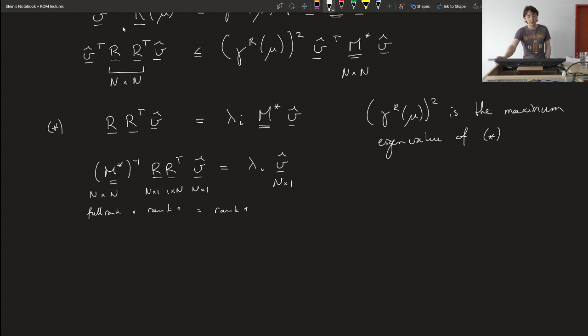Now why is that interesting? A rank 1 matrix means that there is one non-zero eigenvalue, one eigenvalue, eigenvector couple.